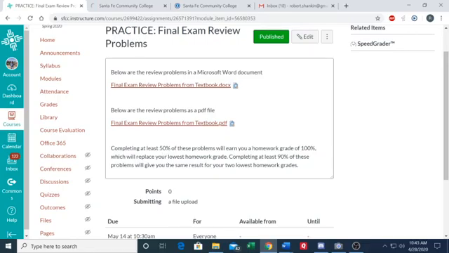Completing at least 50% of those problems will earn you a homework grade of 100%, which will replace your lowest homework grade. Completing at least 90% of these problems will give you the same result, 100%, replacing your 2 lowest homework grades. So I'm not putting any penalty on not doing these, but I'm putting a rather large incentive.